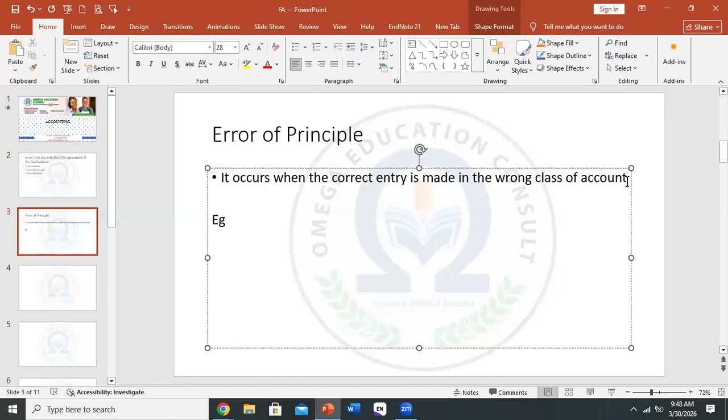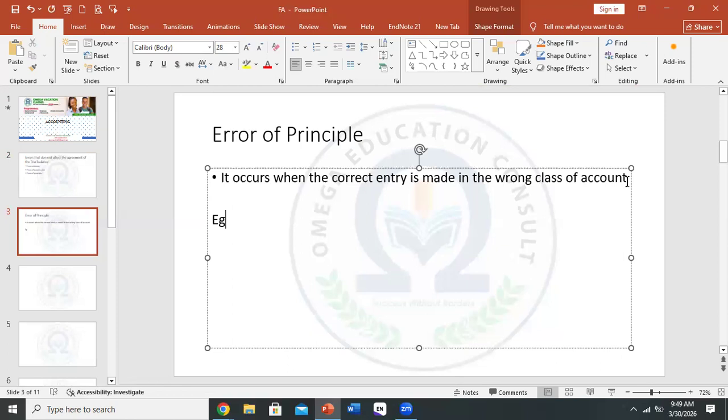Sales account only acknowledges sale of goods. So if you sell anything other than goods, then that cannot be in sales account. If you sell an equipment or if you sell any other asset, the best account to record this will be the disposal account, the asset disposal account. So the disposal account serves as the sales account for fixed assets. So note that.